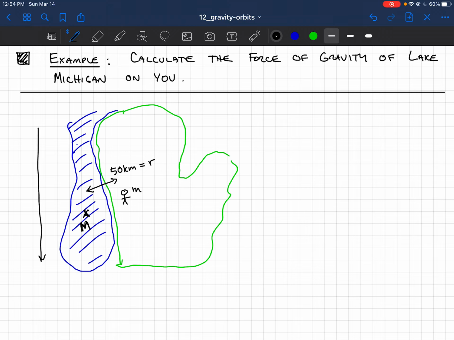Well, Lake Michigan has a length of maybe 500 kilometers, and a sort of average width of maybe 120 kilometers. And it has a depth, I looked this up, the average depth is something like 85, let's just say 100 meters. So very thin compared to its length and width, but quite deep.